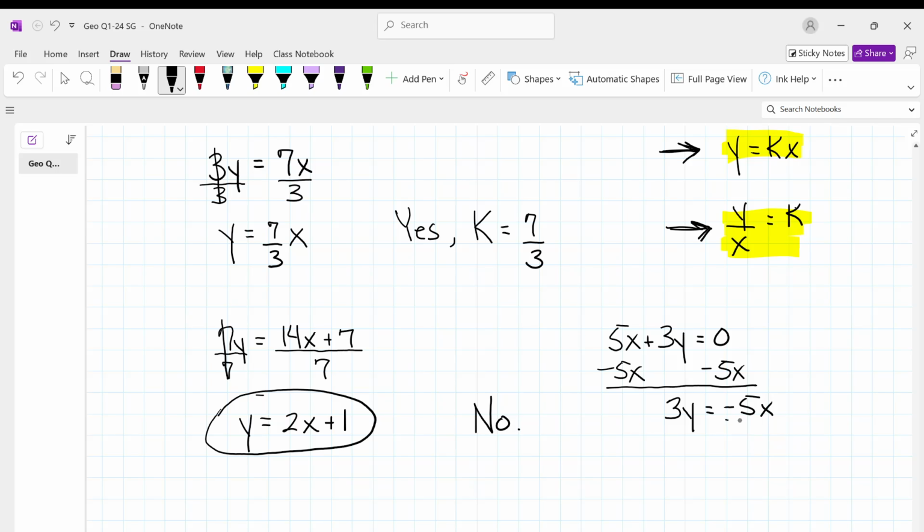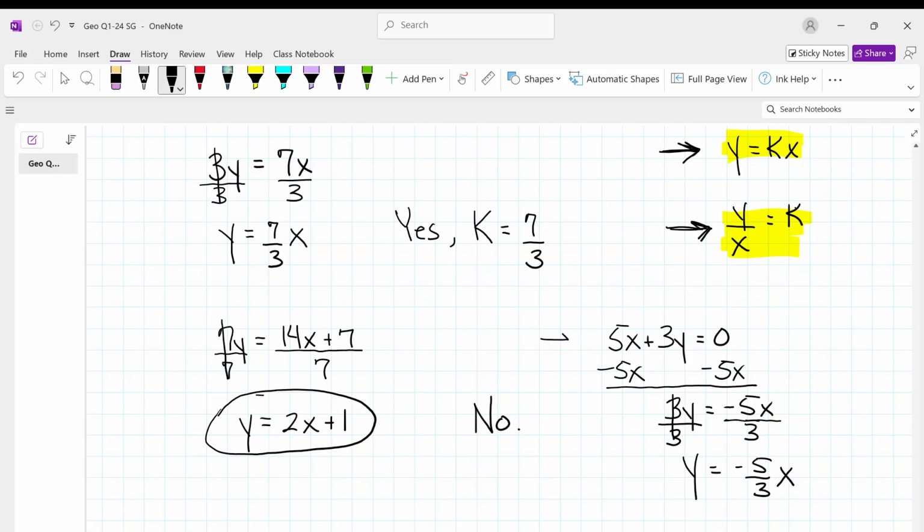Divide both sides by 3, trying to get the y by itself. These 3's cancel, and we get y equal to negative 5/3 x.